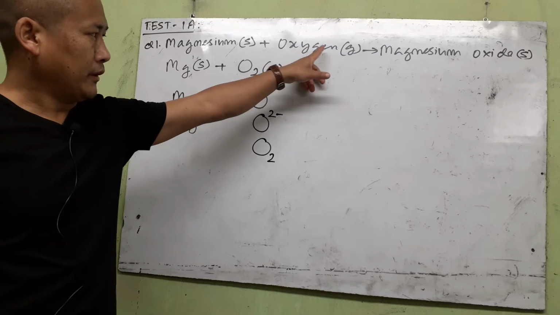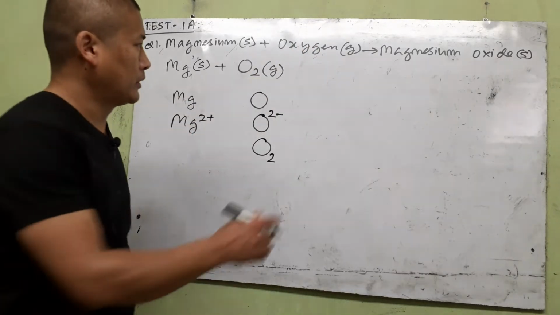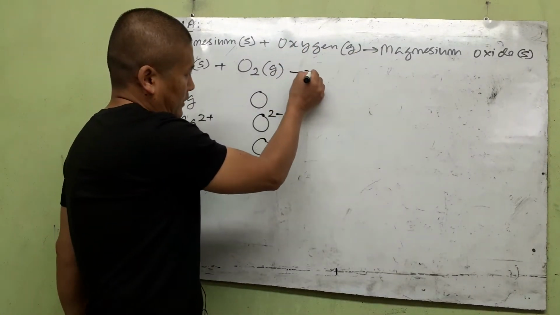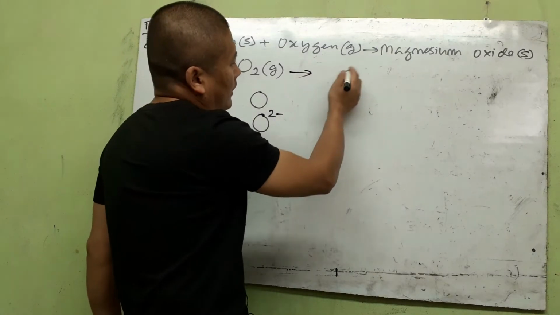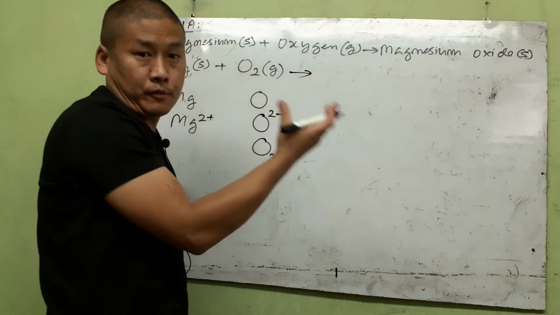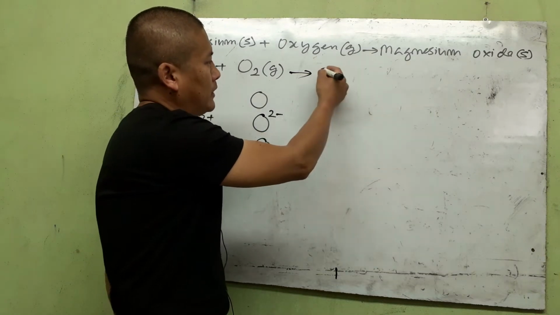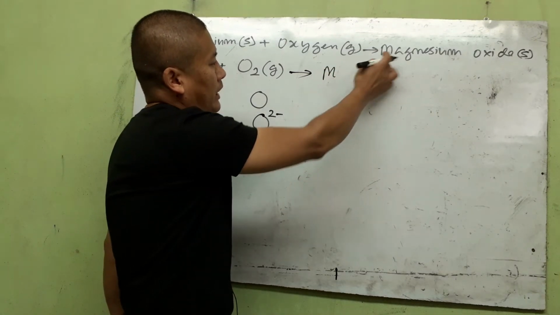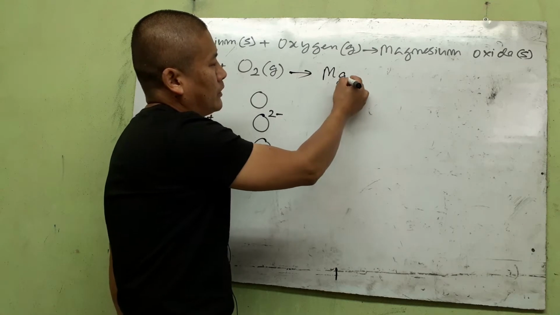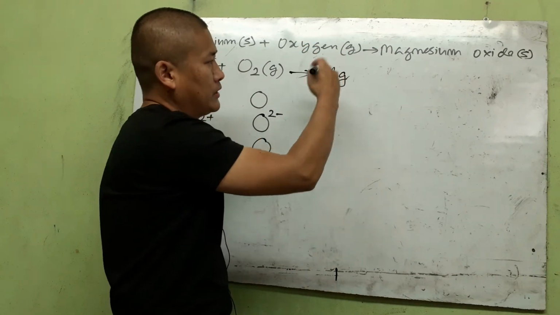So since they are saying oxygen, write O2, and then we just write the same thing, arrow, and then magnesium oxide is a compound. So we recall our starter and write the formula, and we know magnesium ion is Mg2+, so keep that in our imagination.